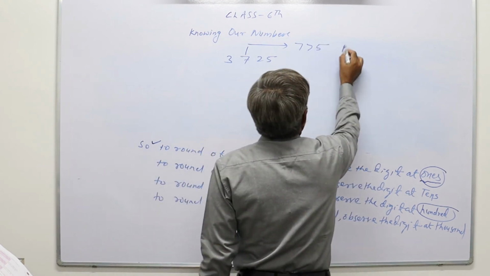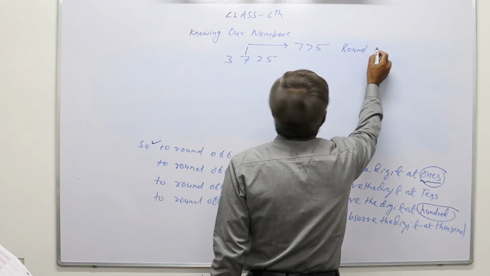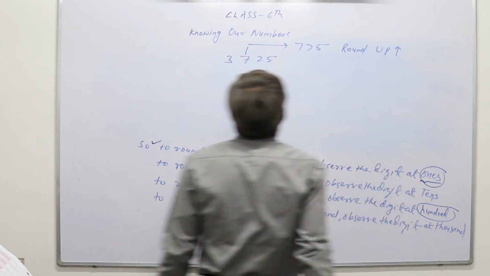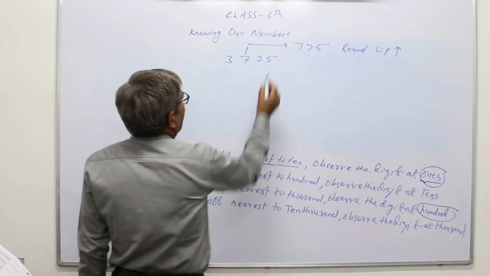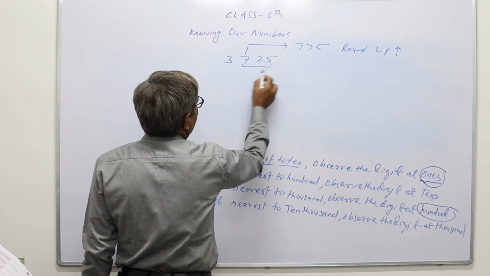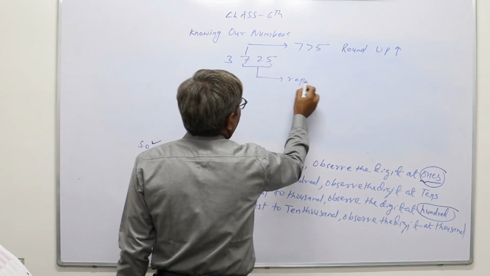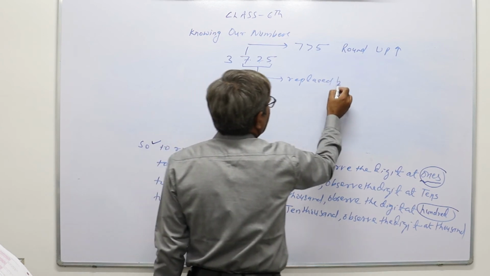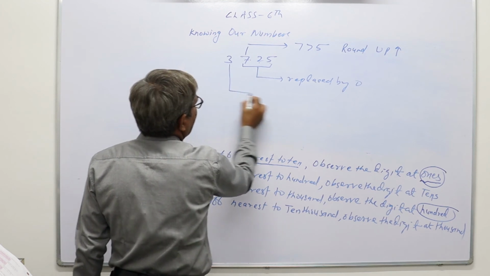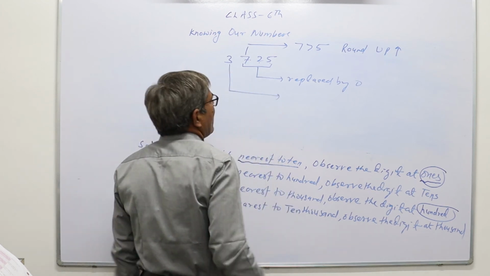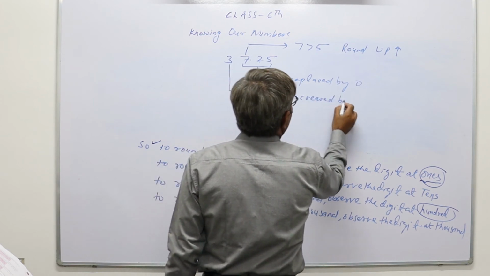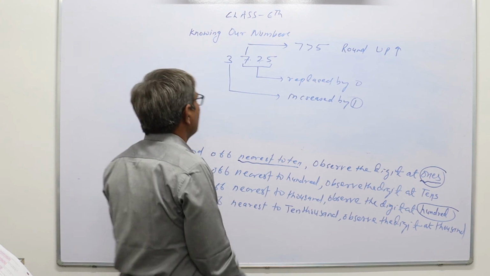So we will round up. Rounding up means the digits at ones, tens and hundreds, these three digits, will be replaced by 0, and the digit at thousands place will be increased by 1.